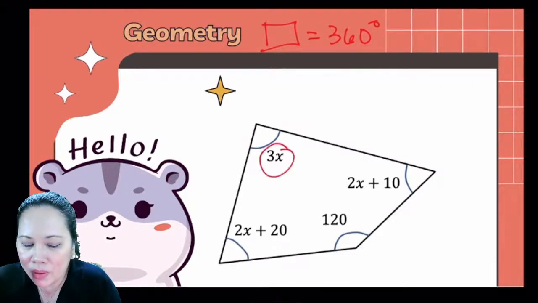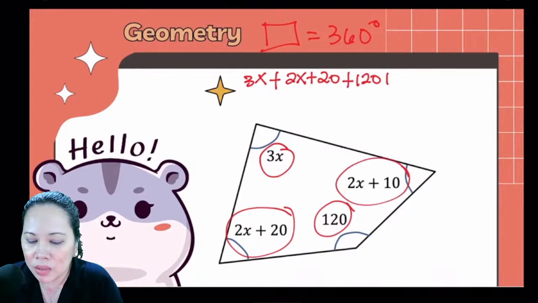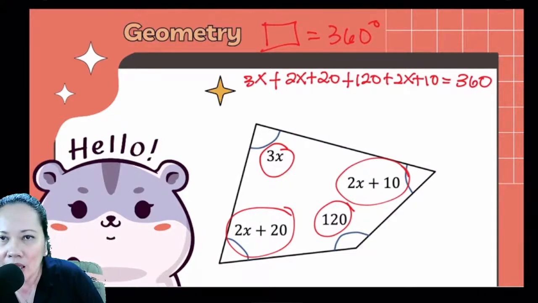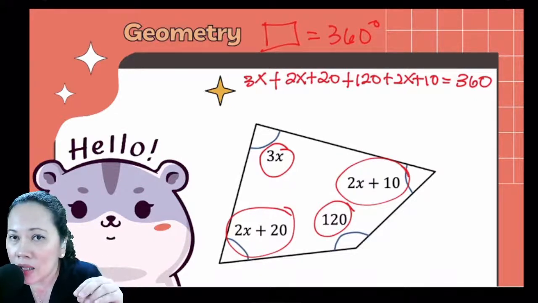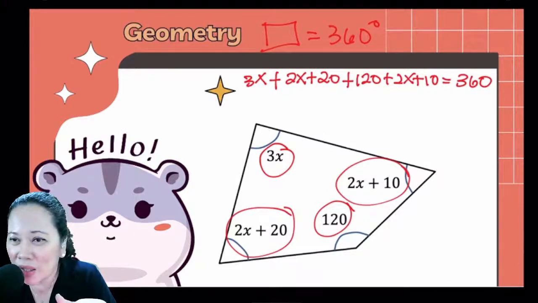Simple: 3x plus 2x plus 20 plus 120 plus 2x plus 10 equals 360. So you just need to write down everything. That's all that you need to do.